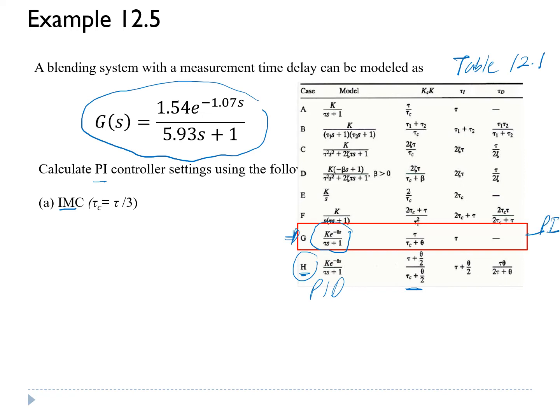Okay, so according to this table, your Kc based on case G will be equal to tau over K times tau C plus time delay, and tau I equal to tau. So now let's substitute the numerical value.